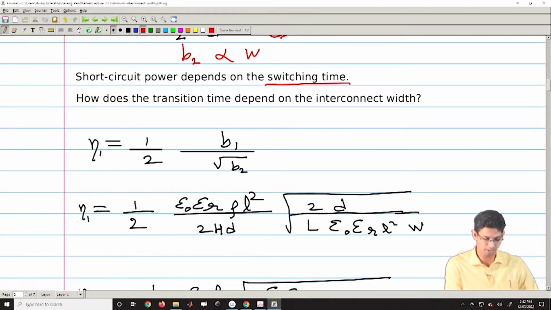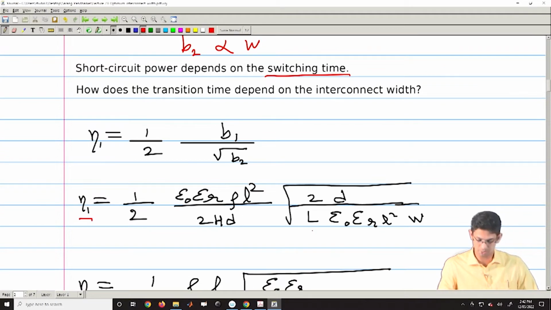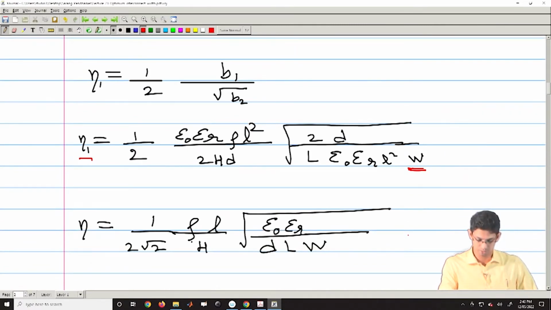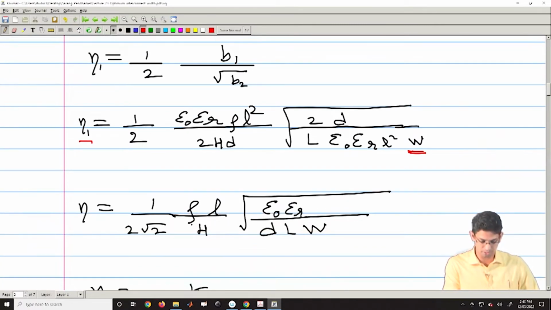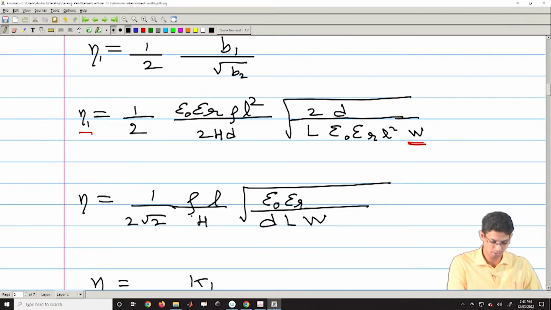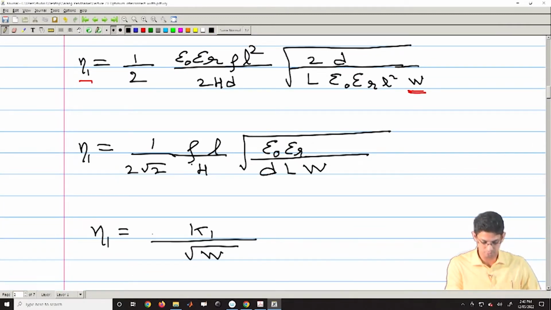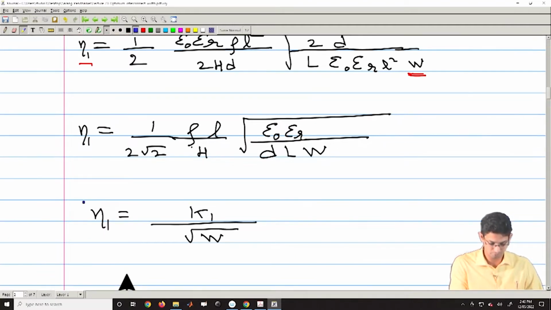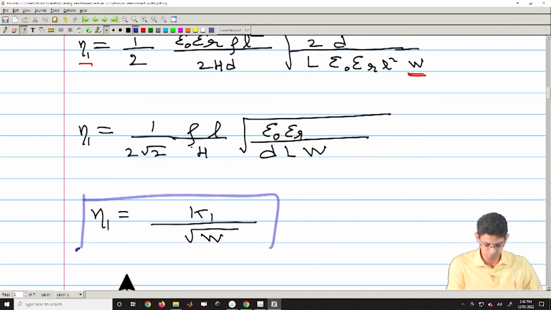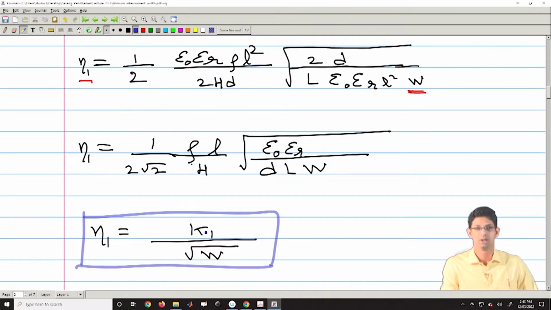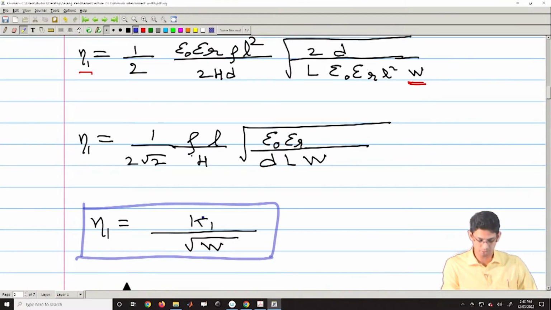Now, if I look at this, eta 1 is inversely proportional to the root of w. So, after all simplification, I will get my eta 1 as something like this. The nature of eta will definitely depend on this k1.